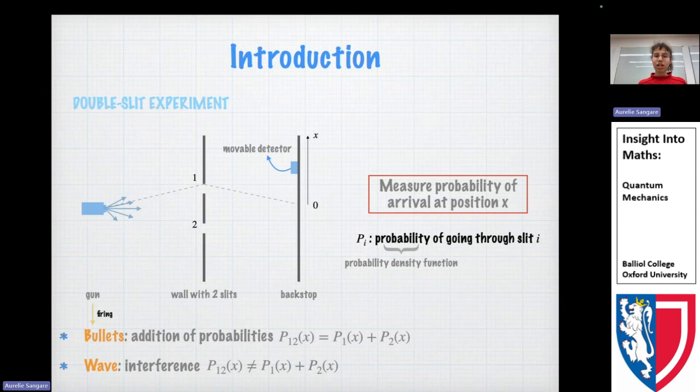And the intersection, A intersection B, is just when both A and B happen. So P of A intersection B is the probability that both A and B happen.